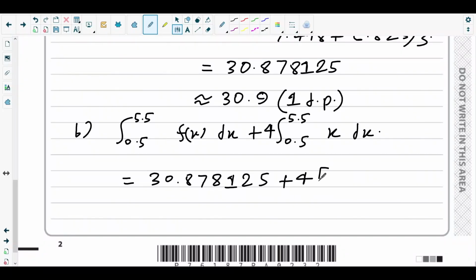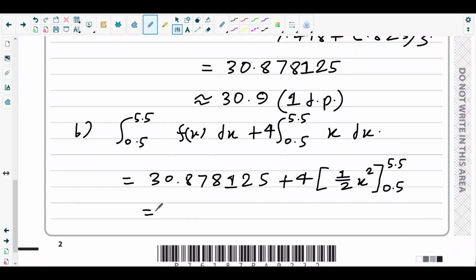The integration of x is half of x squared: we add 1 to the power and divide by the new power, which is 2, so 1 over 2 is half. The upper limit is 5.5 and the lower limit is 0.5.